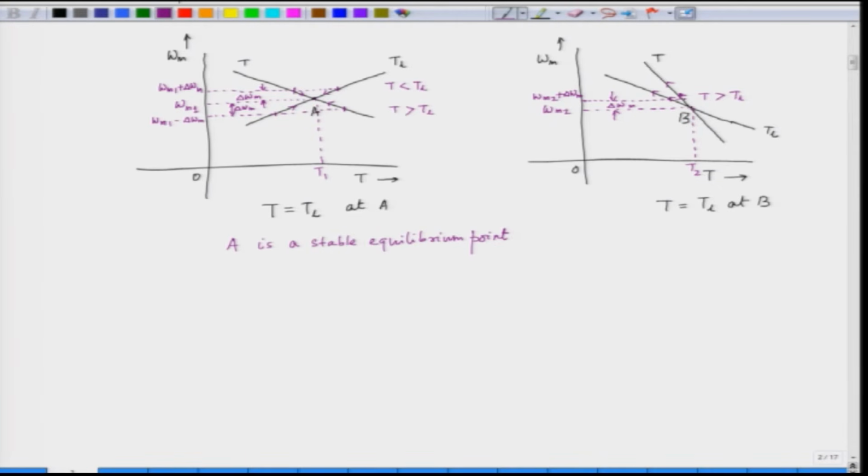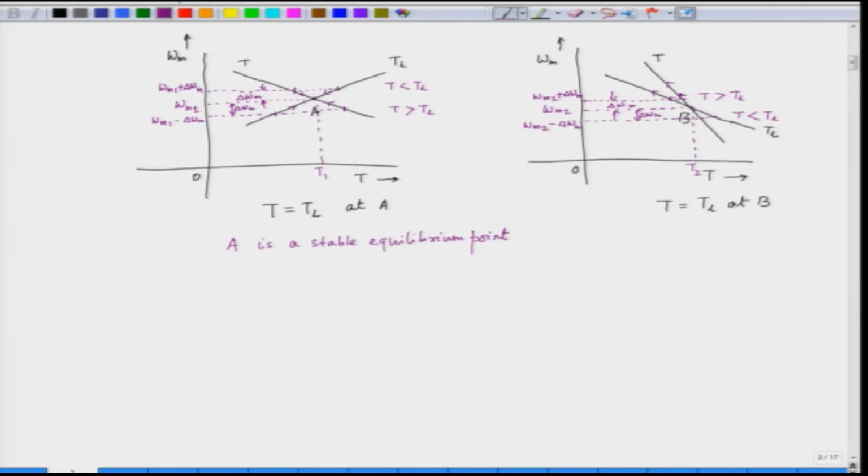And if we decrease the speed here by delta omega m, we have the new speed omega m 2 minus delta omega m, and what we obtain here is that the motor torque is less than the load torque.